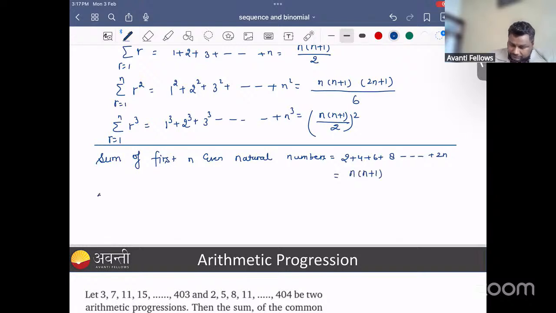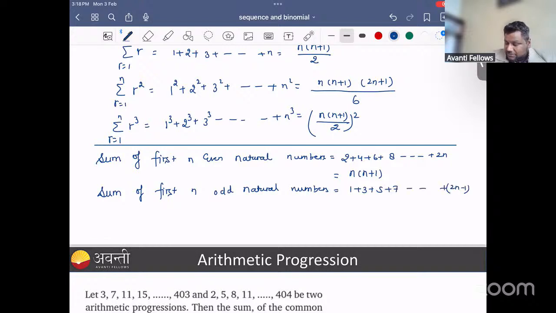Got it? And the sum of first n odd natural numbers, like 1 plus 3 plus 5 plus 7 up to 2n minus 1, is equal to n square. Very important result.